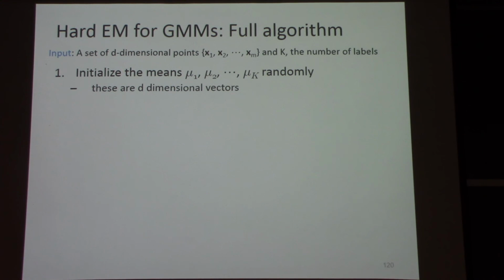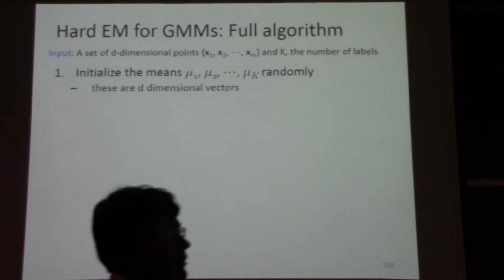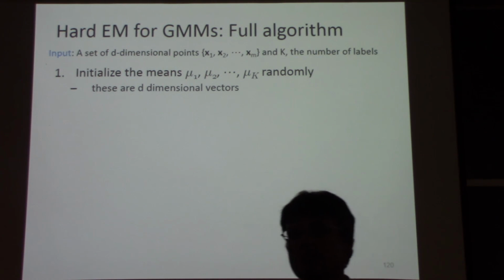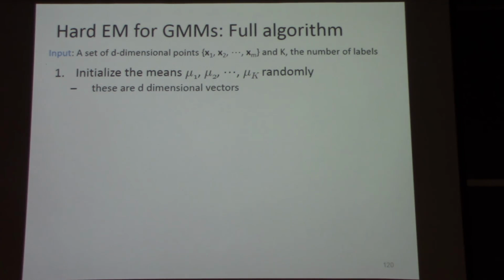Because this is Gaussian, selecting the initial parameters just requires the mean and standard deviation of all those points. Let's assume that the standard deviations are all constant. So all you have to do is select a collection of the means. These are all d-dimensional vectors. There are k such cluster centers. And you iterate.